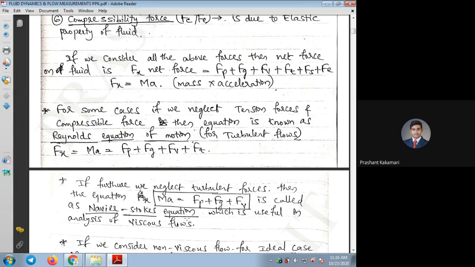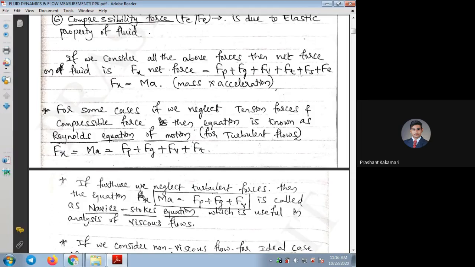In such cases, we are going to discuss these Navier-Stokes equations, or in a combination of heat transfer of the fluids or the fluid dynamics. There also we are going to discuss this Navier-Stokes equation.